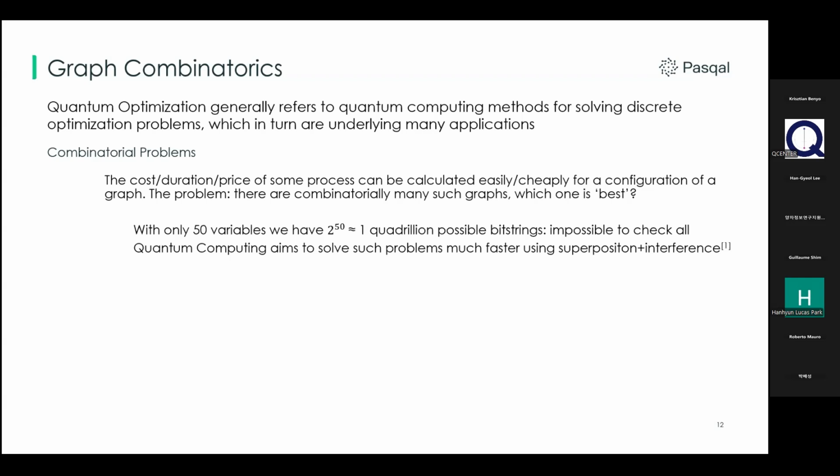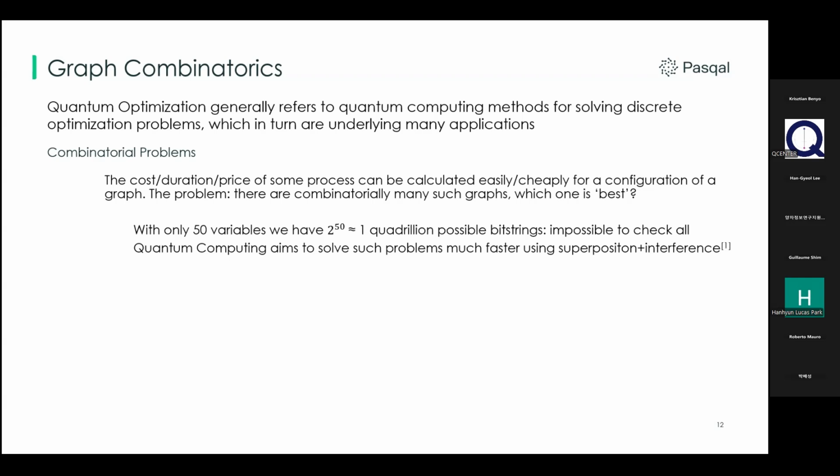However, what has been shown is that for quantum computers, depending on the problem, they can become much easier to solve. This is related to the inherent properties of how quantum information works.